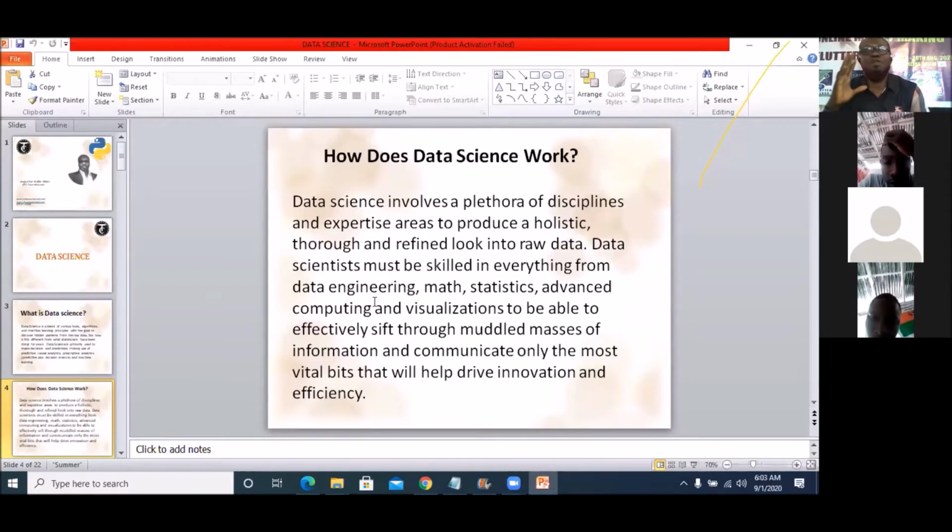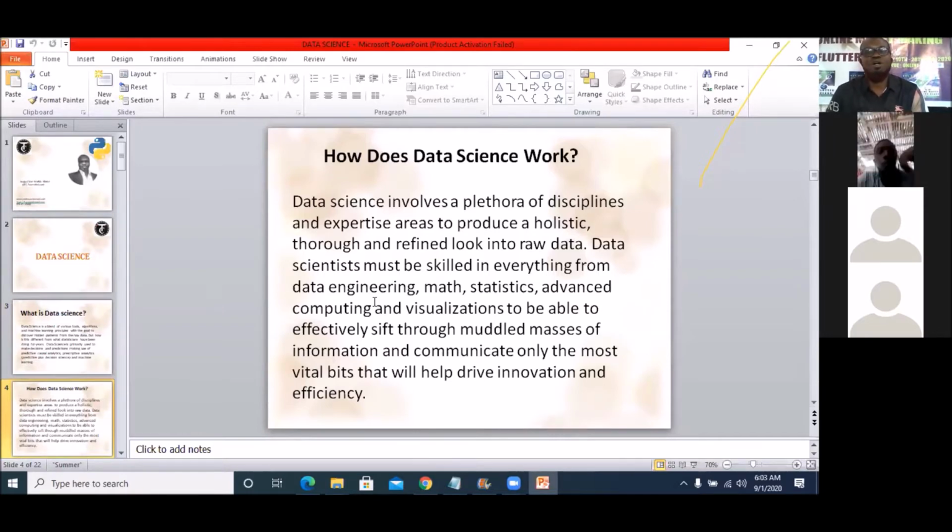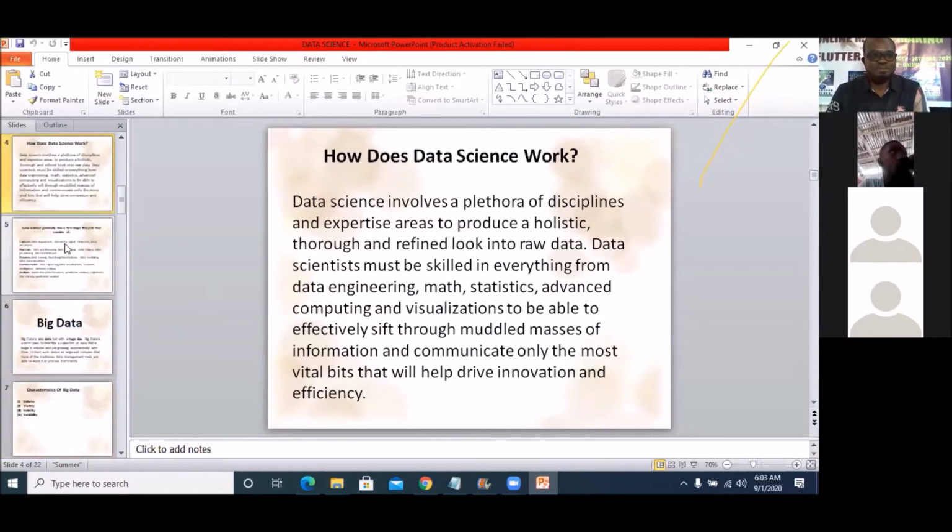For you to do very well in data science, you have to have skills in data engineering, mathematics, statistics, advanced computing, and visualization, in order for you to effectively sift through the massive amounts of information and communicate only the most vital bits that will help drive innovation and efficiency.